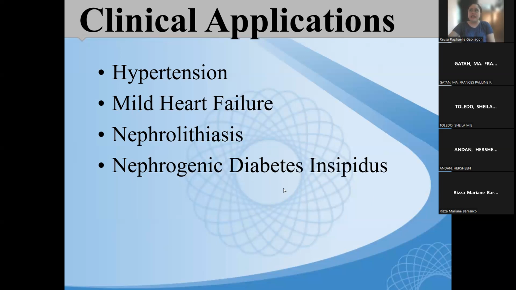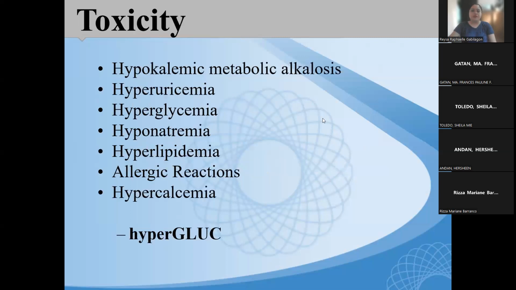If we are going to read books, they can't really explain what is happening to the person with NDI. But fortunately, hindi talaga ma-explain, pag nagbibigay ng thiazide diuretics, napipigil nila yung urination. That's the paradox, that's the irony there. So again, the mechanism of action is not yet clearly known until now.